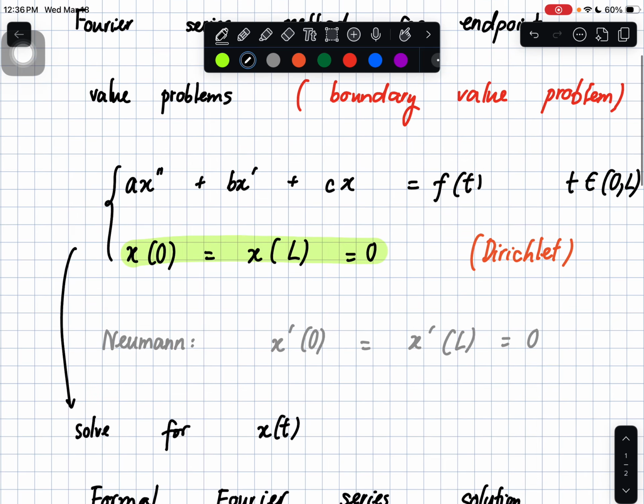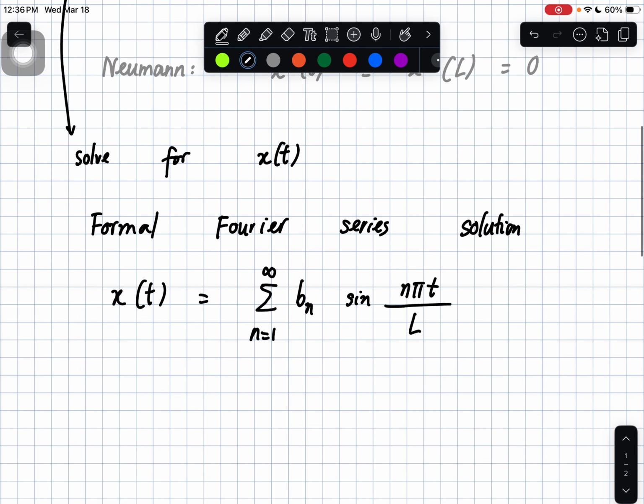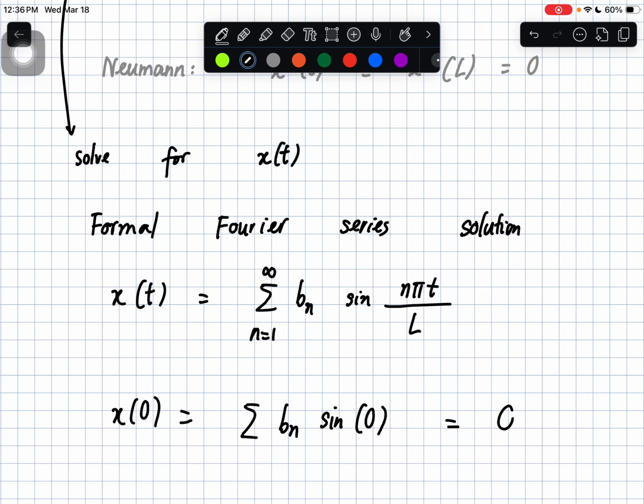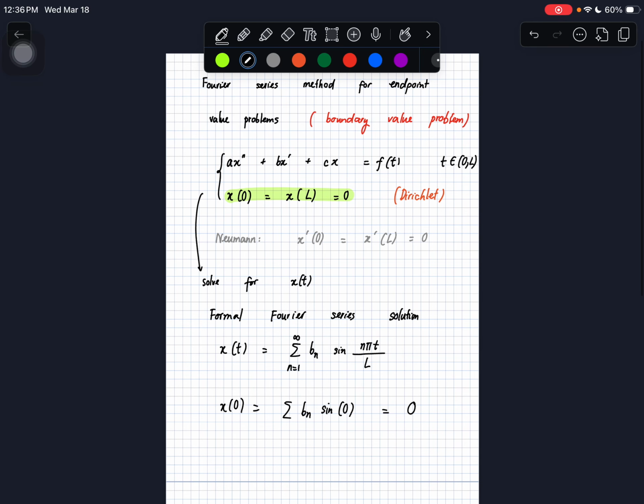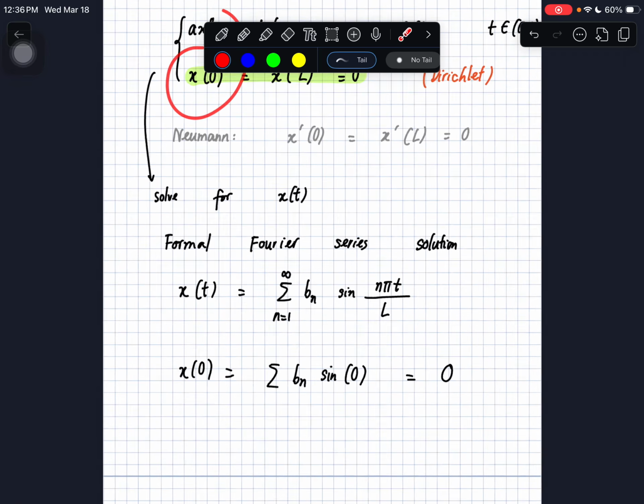For the Dirichlet condition, you have x at 0 equal to the summation of b_n sine 0. When you plug in t equals 0, you get sine 0, which equals 0. This matches our condition, x at 0 equal to 0.